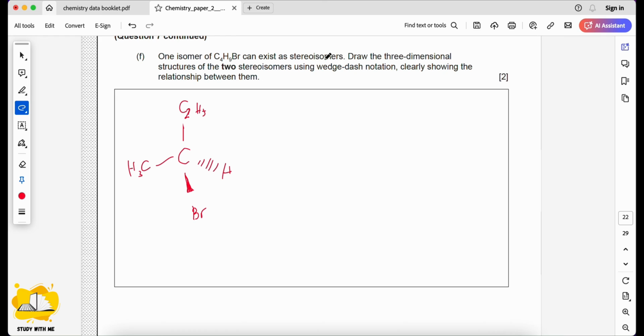So it's stereoisomers, okay? So it's the mirror image, the opposite, CH3, so that would be like this, Br, and C2H5. The line is in the plane of the paper, this dark wedge projects towards you, and this dash wedge projects away from you.